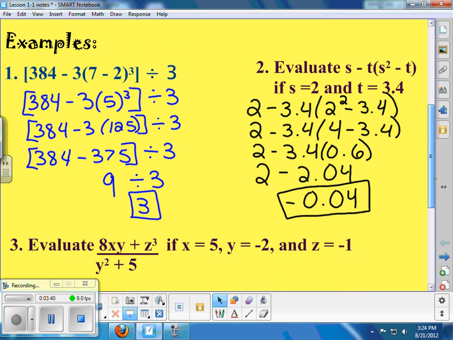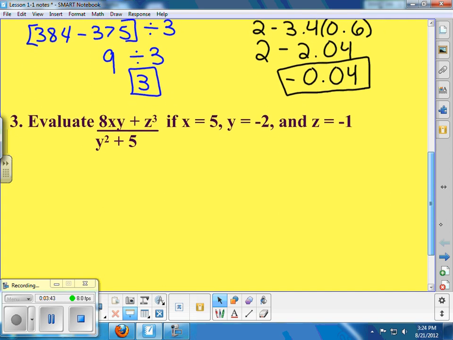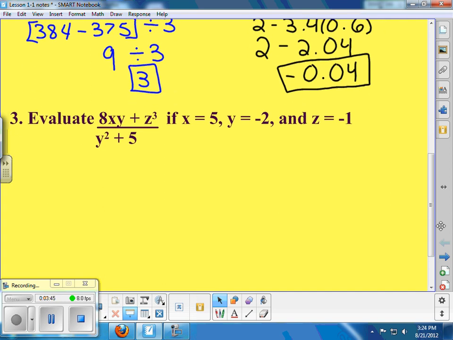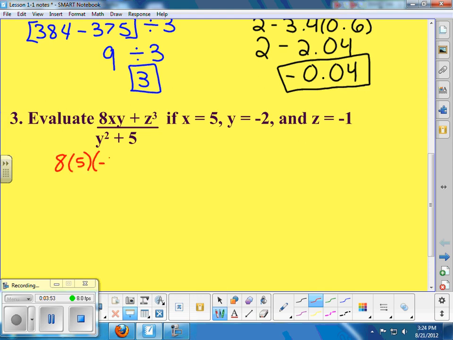Our third example is very similar to our second example. We need to make our substitutions. We begin by writing 8 times 5 times negative 2 plus negative 1 to the third power divided by negative 2 to the second power plus 5.